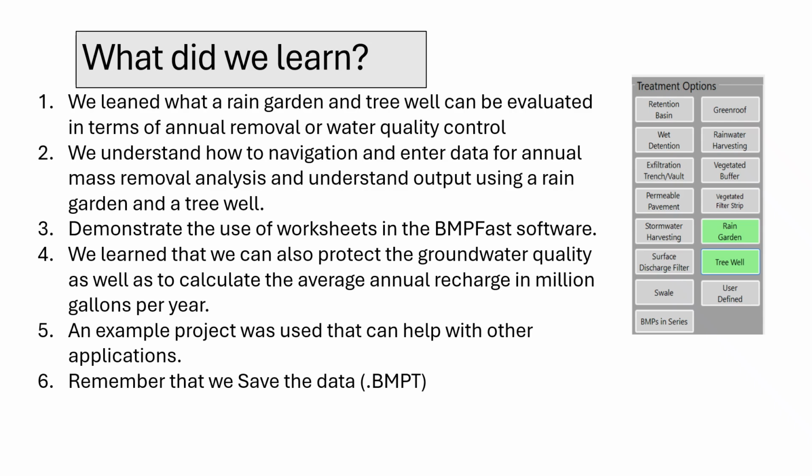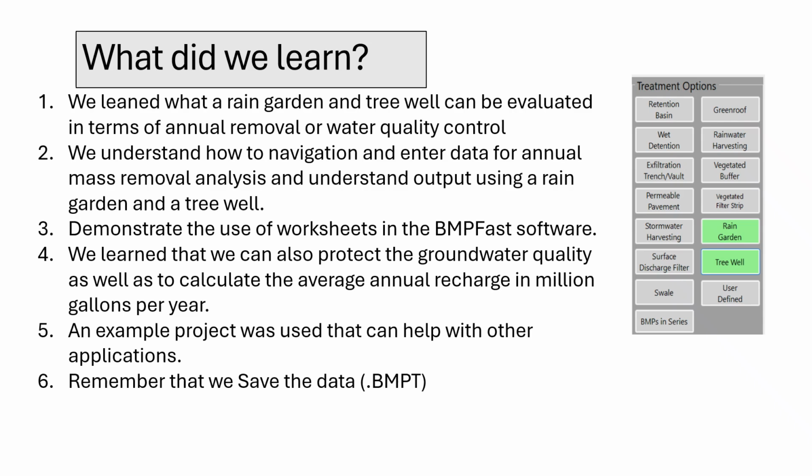Furthermore, we explored how, in certain locations, we can protect groundwater quality by calculating the average annual discharge to groundwater concentration and determining the annual recharge in million gallons per year. We walked through an example project to demonstrate these concepts, providing a foundation for their application in various other scenarios.